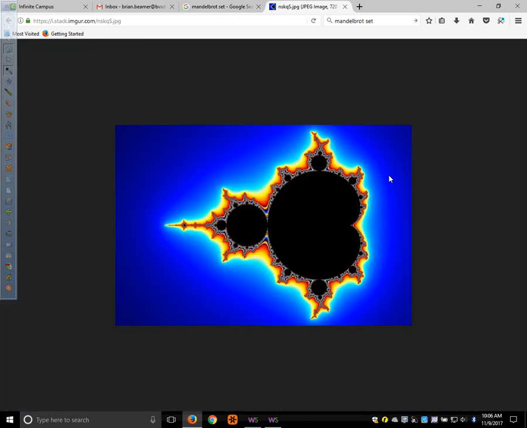There's a relatively good picture of the Mandelbrot Set. So the Mandelbrot Set is a fractal. This is the complex plane. 0, 0 is somewhere here, but this is definitely the real axis. And what happened with the Mandelbrot set is this is a function where the variable is a complex number.